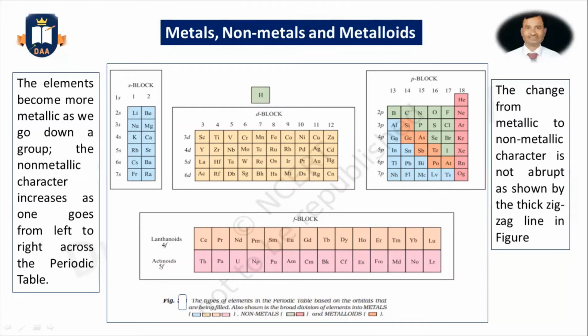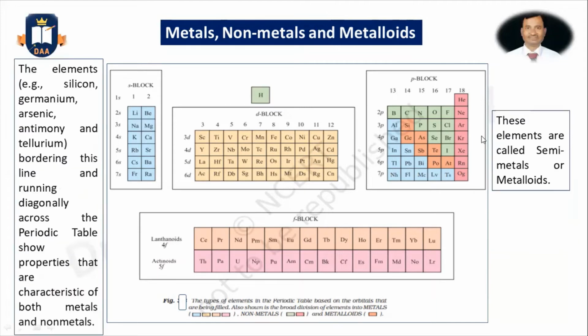The change from metallic to nonmetallic character is not abrupt. Slowly it will go. The elements, for example, silicon, germanium, arsenic, antimony, tellurium, you can see that these elements have a different color in this table.